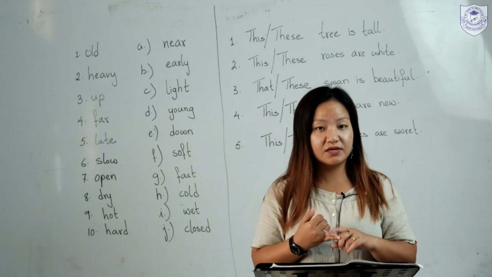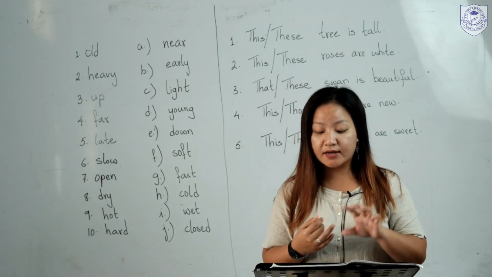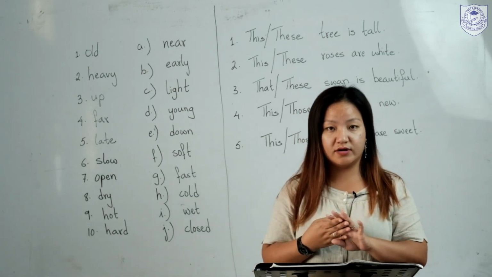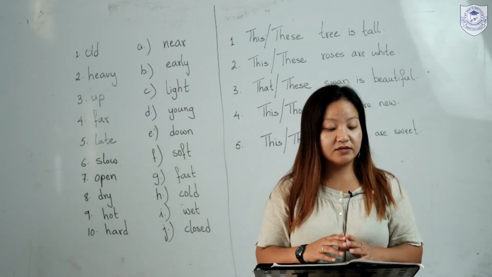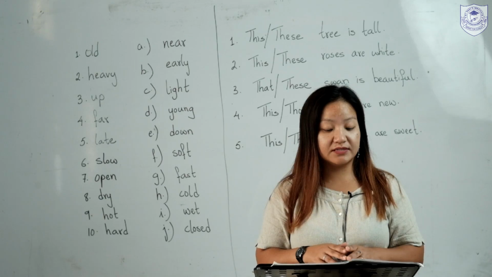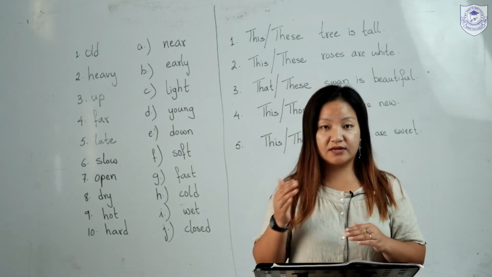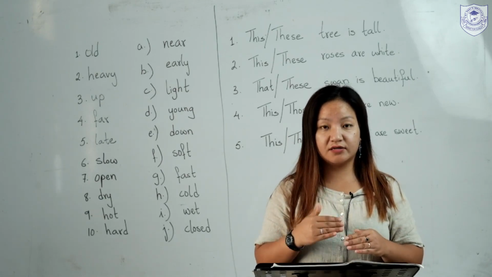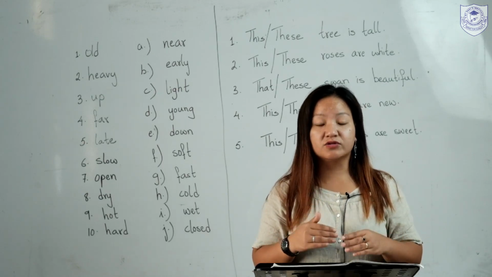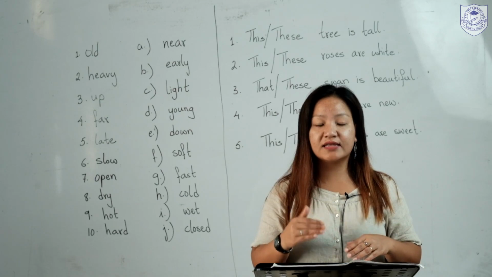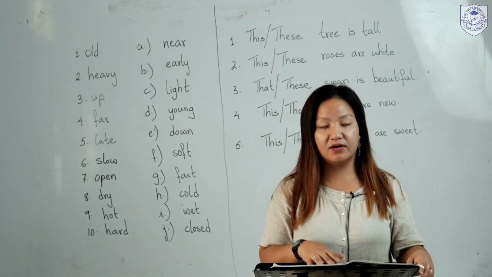The opposite of big is small, right? And the opposite of long is short. The opposite of hot is cold. So, the highlighted words are opposites. They describe the objects given in the picture. So the highlighted words are called opposite words, okay? And they are also called adjectives because they describe the noun, all right?